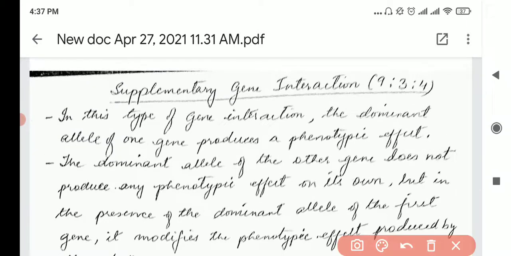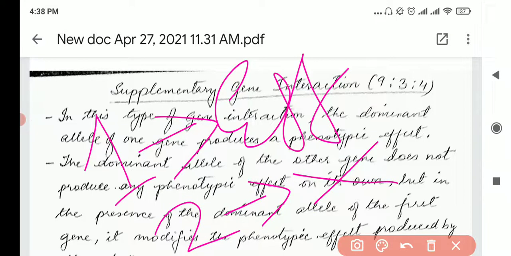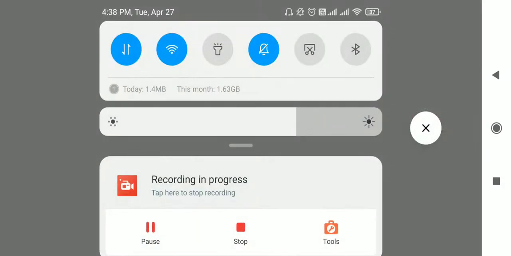Okay, so gene 1 can produce an effect. Gene 2 cannot produce an effect. But if 1 and 2 are there, together they produce some effect. So that's why not just purple and white, we are getting purple, white, and maybe some sort of intermediate.